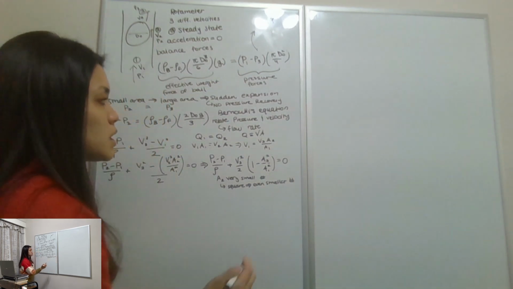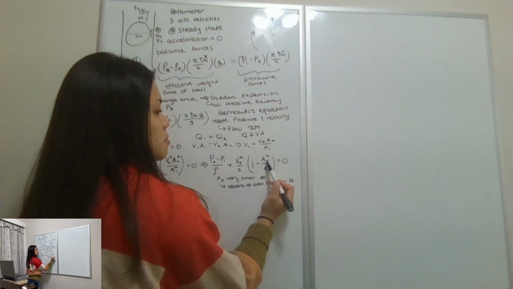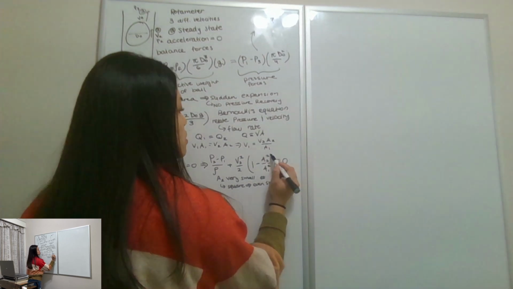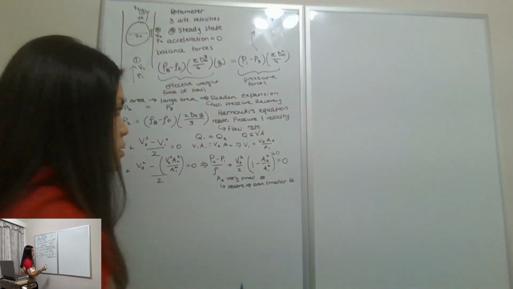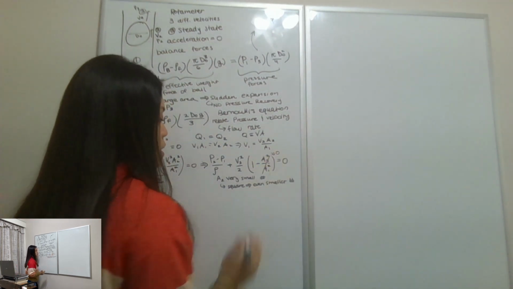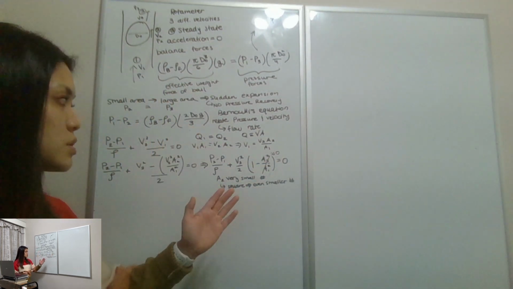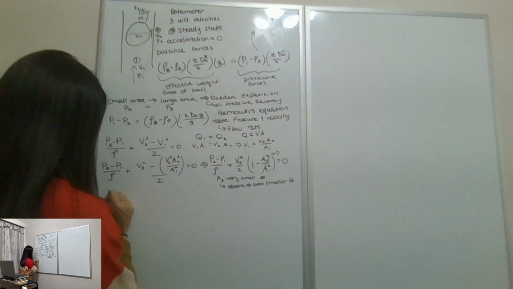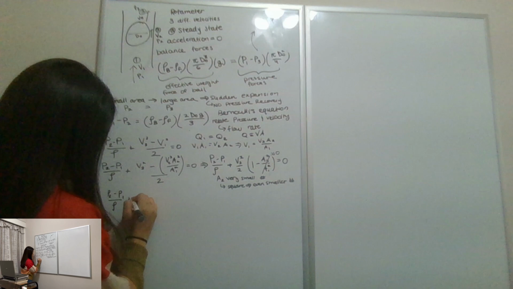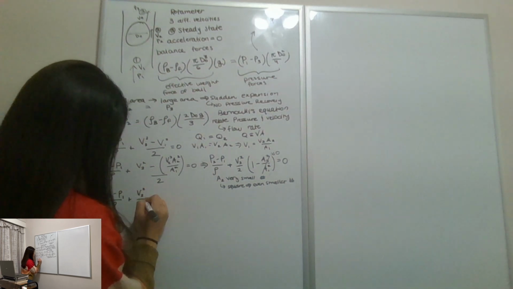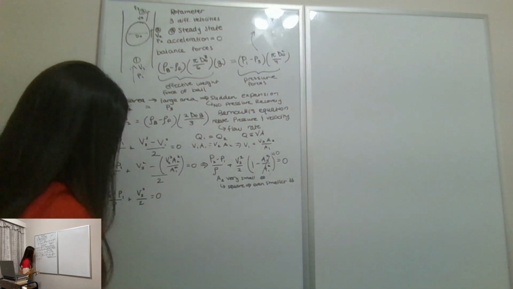So with this, we can assume that the cross-sectional area at position 2 squared is going to be equal to 0, and 0 over any number is going to be 0. So this would make this term equal to 0. So 1 minus 0 is just going to be 1. So that's going to leave us with pressure at position 2 minus pressure at position 1 over the density plus velocity at position 2 squared divided by 2 is equal to 0.